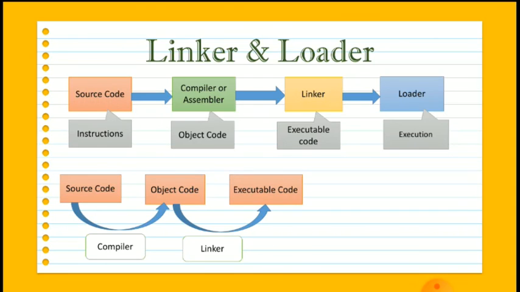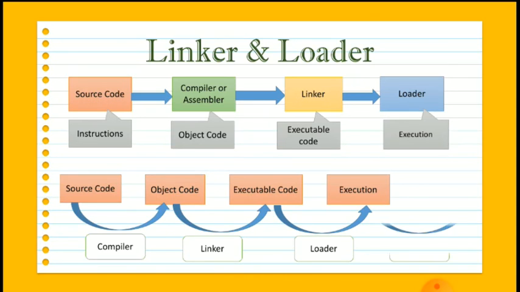Then linker will create the executable code. Then that executable code will be transferred to the loader. Then loader will load that executable code in computer memory, and then you can execute that code and you will get the required output.